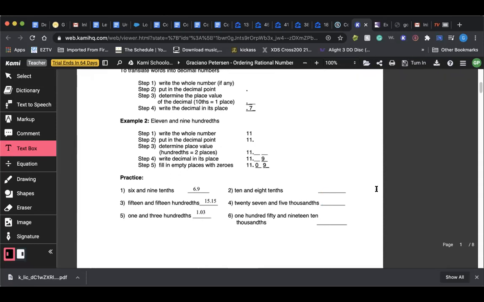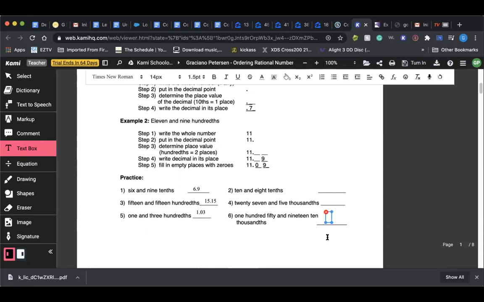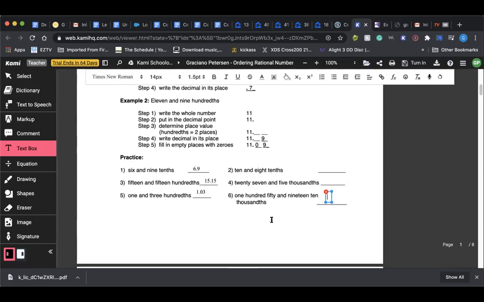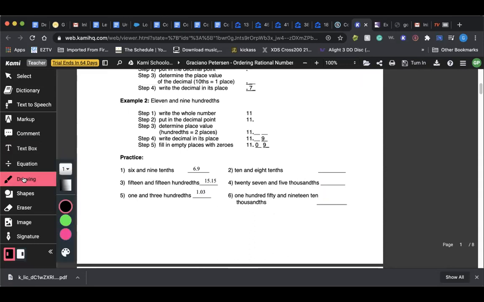Once you select it once, you don't have to select it again. Every time you click, it'll just create another text box for you to put your responses in. And that makes it neater than the drawing. The drawing, of course, will take some time to get used to, and then you can maybe do your drawing using the pen.